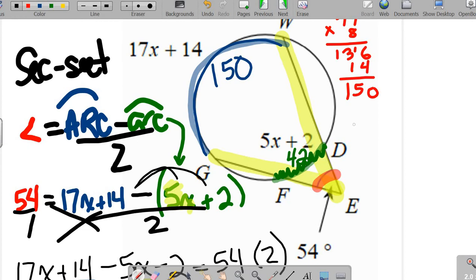So we do 150 minus 42 and we get 108, and of course we're dividing by 2, and lo and behold, ta-da, it is 54.